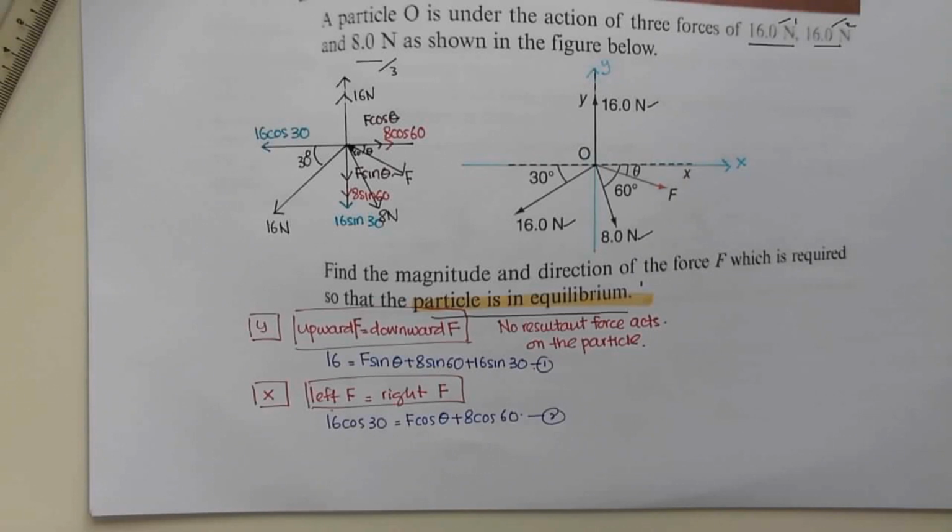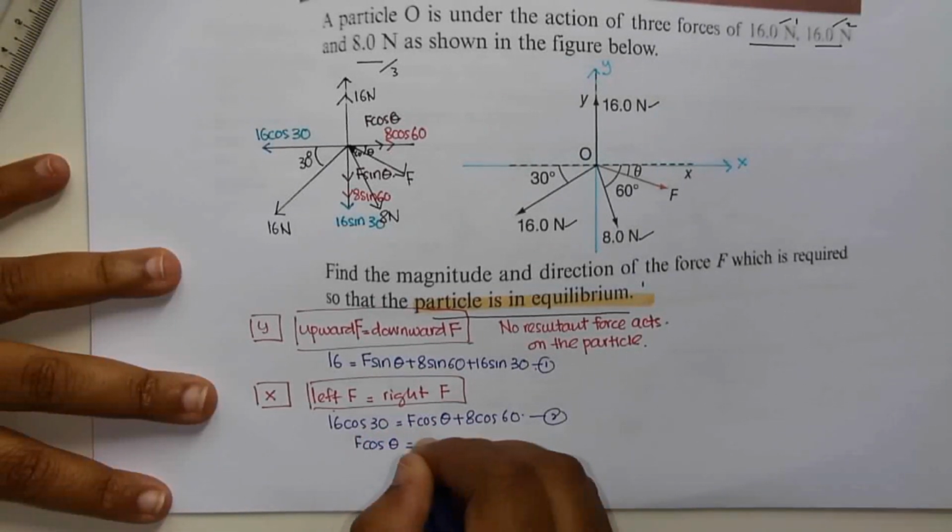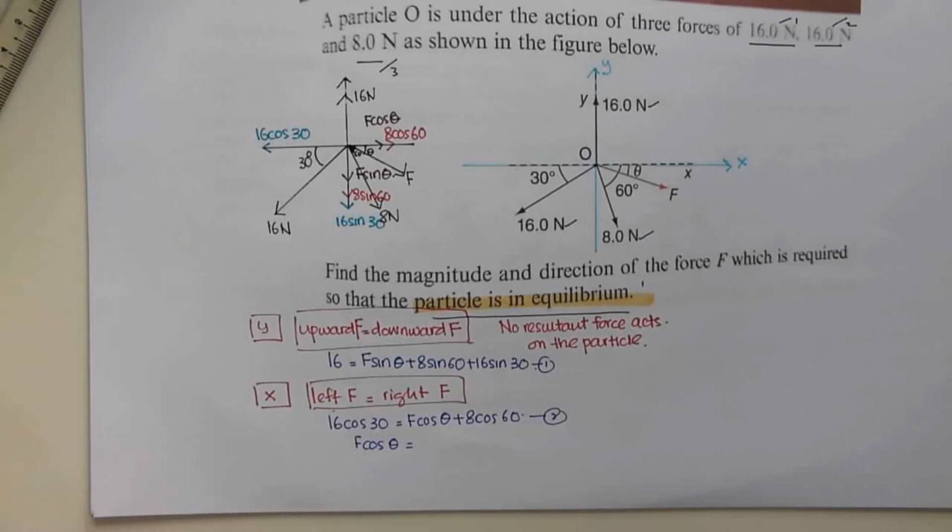Now it's maths. Here F cos theta equals 16 cos 30 minus 8 cos 60. I want you to solve together with me. Don't just wait and look at the video. Take a calculator and help me solve this, so we can check whether our calculation is correct.